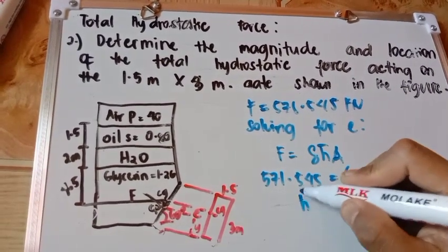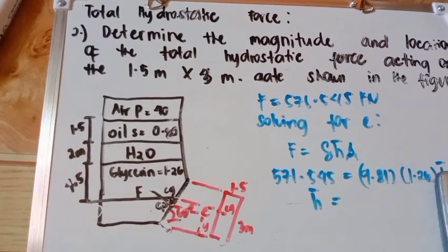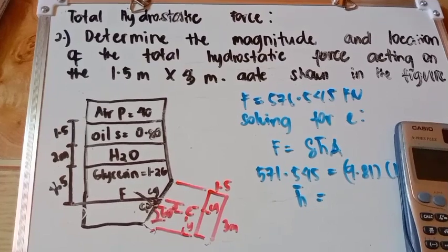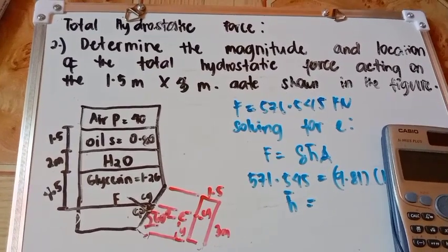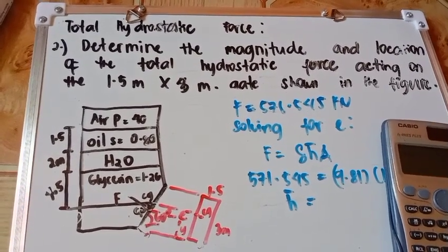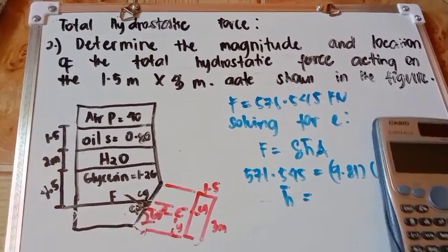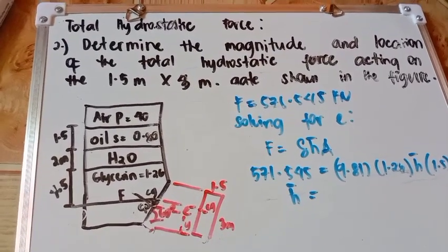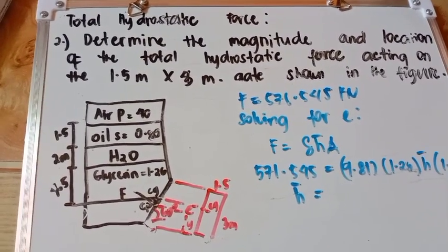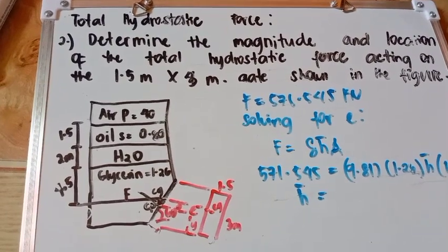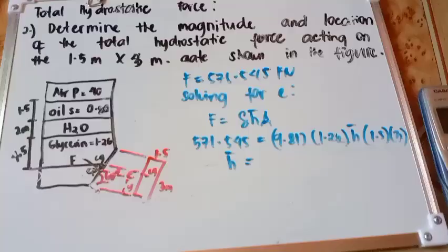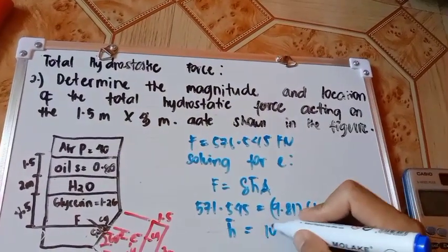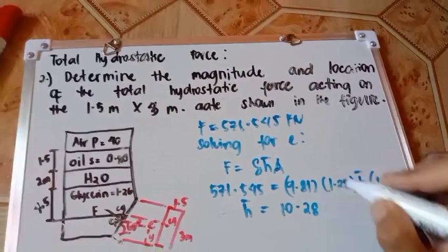So makuha na nato ang bar H. So 571.545 over 9.81 times 1.26 times 1.5 times 3. So bar H is 10.28.